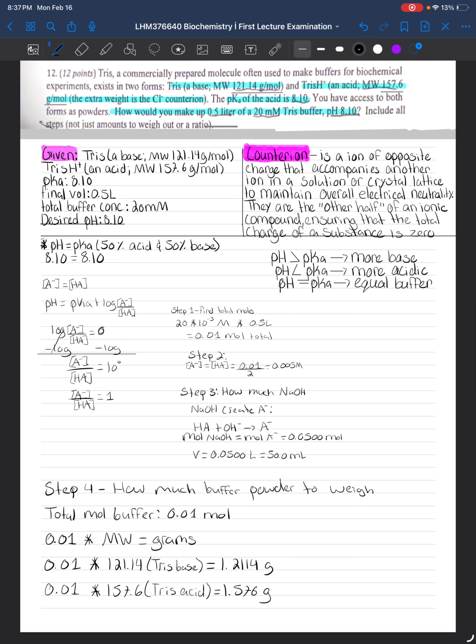So now we have the total moles of buffer and the buffer powder to weigh. This is the answer. This is how much we need, and this is the total buffer moles because they're equal to each other. And we've finished our Tris buffer. Let me know if you have any questions below.